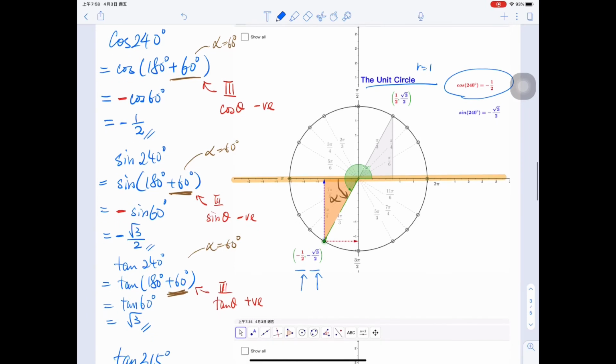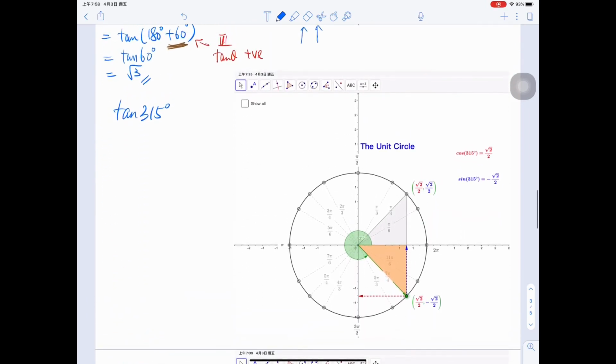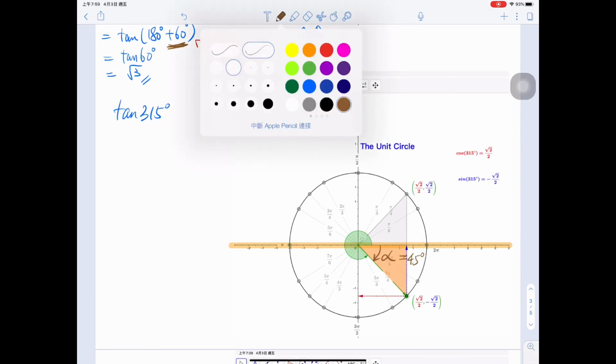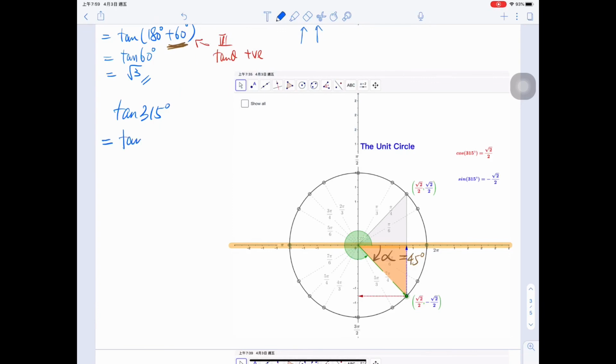Okay, let's have a look at quadrant 4 angles. Tangent 350. Sorry, tangent 315, you see that here. And where's the reference angle? The x-axis is here, and we need to have a look. The reference angle alpha here equals 45 degrees. Right. You can write tangent of 360 minus 45 degrees.